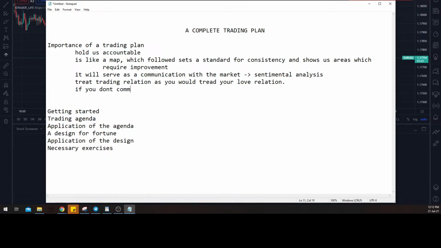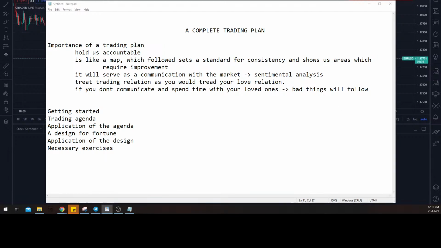If you don't communicate and spend time with your loved ones, bad things will follow. The same rules can be applied to trading, and many of the lessons that we learn day by day can be applied in trading. This is one of them.